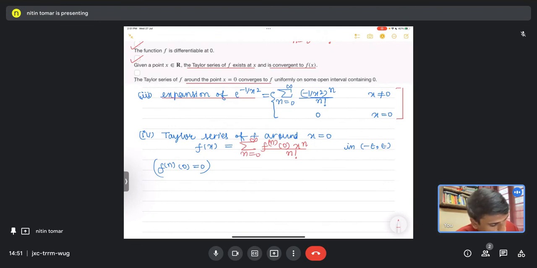Now one can check that the nth derivative of this function is 0 for all n, for all natural numbers. So hence this series will turn out to be 0 in some interval minus epsilon to epsilon, where epsilon is some positive number. But f is not 0 in this interval. So this last option is false.